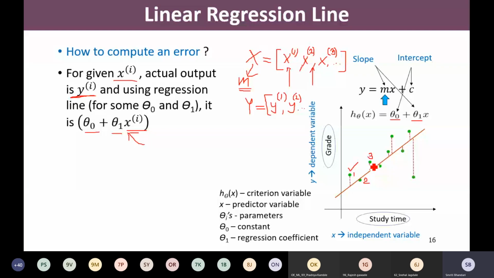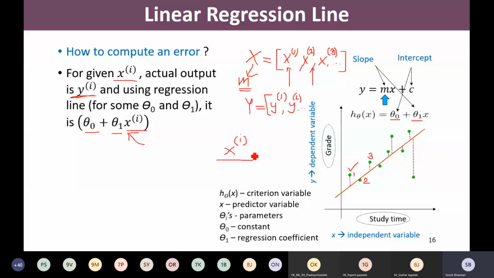This is my third student. So the input data for this third student, I'm representing it as x superscript 3 and so on. So in general, if I'm having the ith sample, I'll be representing the input associated with that ith sample as x superscript i. So x superscript i denotes the input associated with the ith sample. Okay.